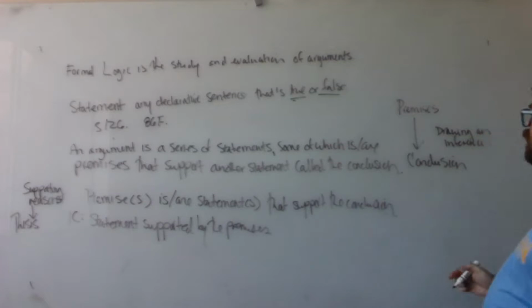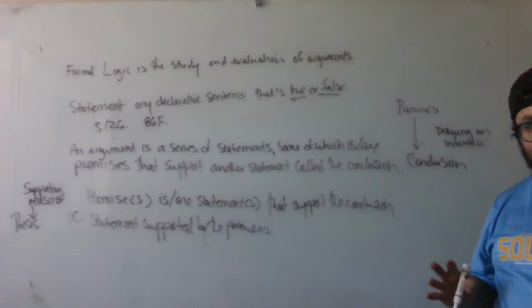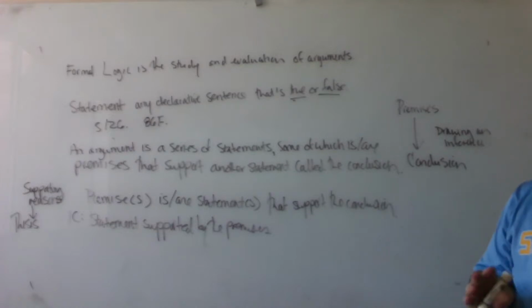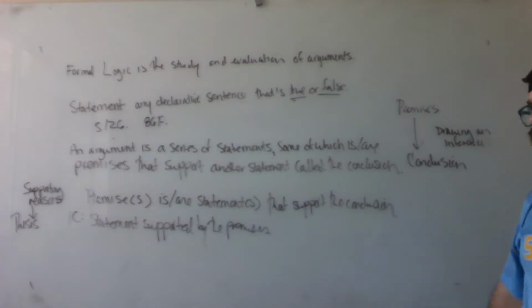All right, so an inference is the process of reasoning, of drawing out, right? So these are the basic building blocks of what we're going to see over the course of the next few weeks. We're not going to abandon the structure. The structure is always going to be there.